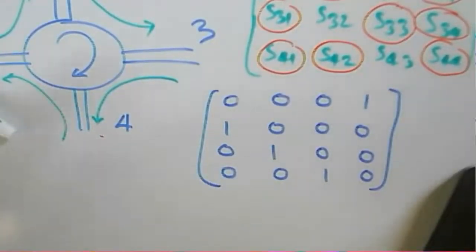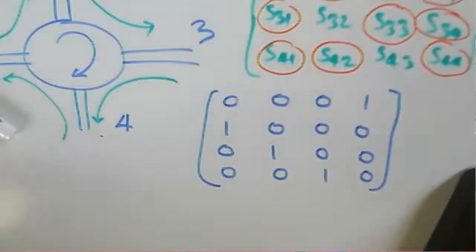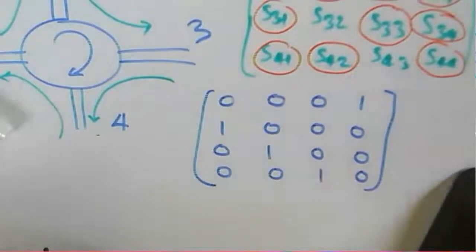Now how is it not allowing the signal to propagate to the other port?